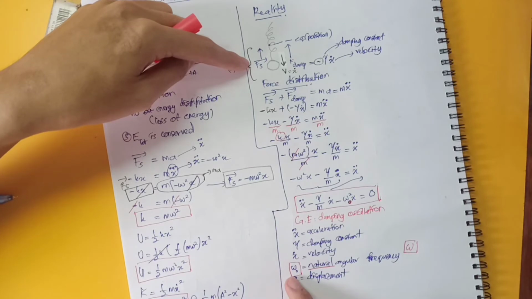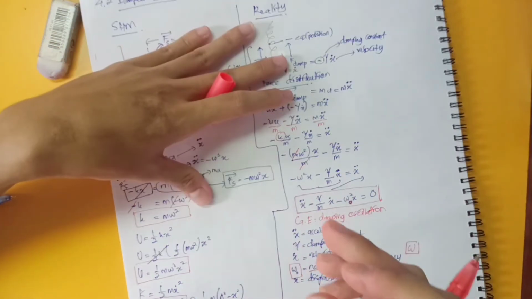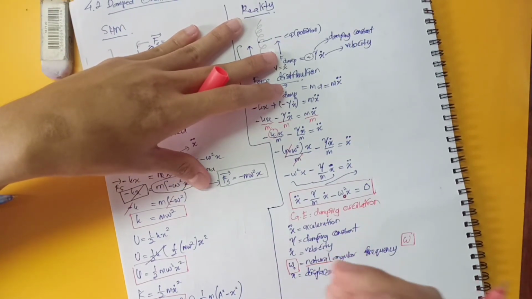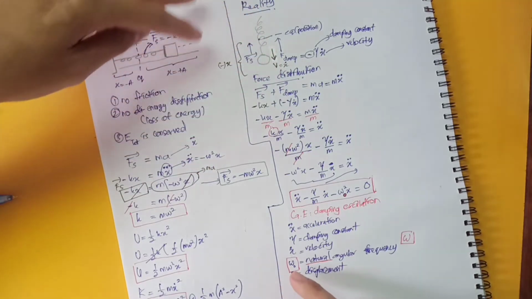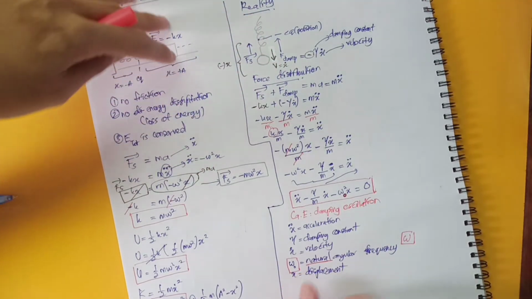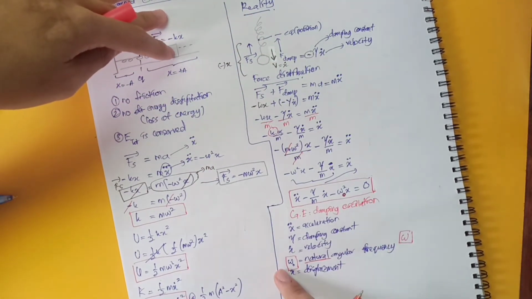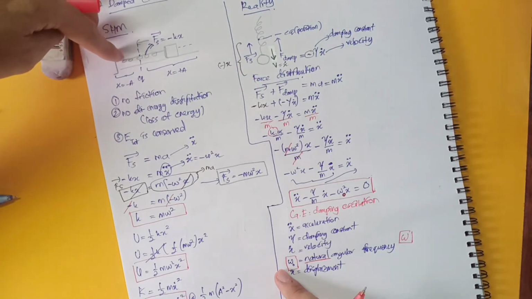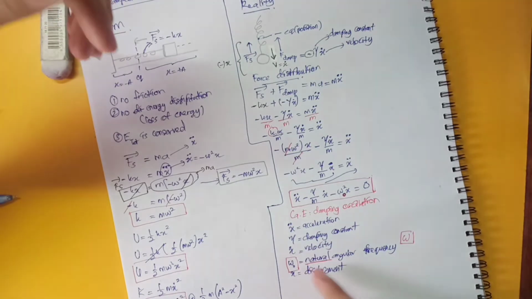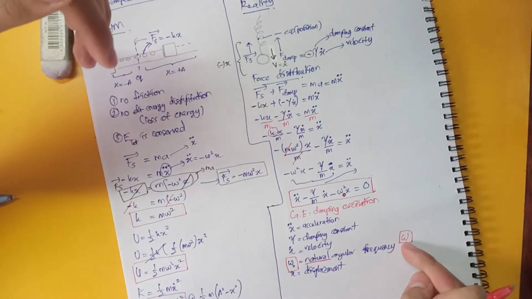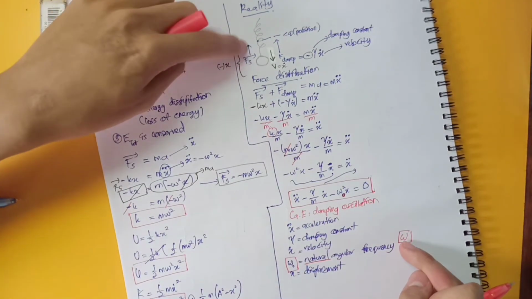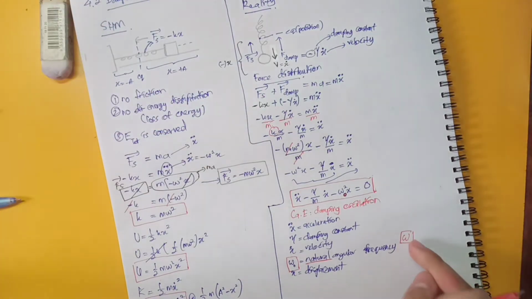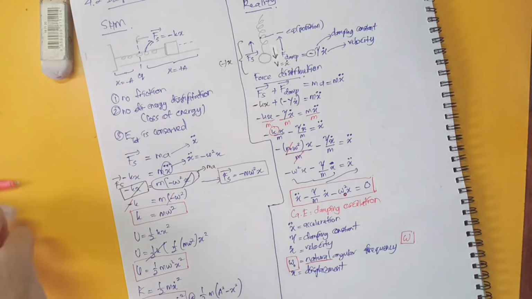This omega naught is useful in the upcoming topic. Omega naught is the angular frequency from simple harmonic motion, but we have the real angular frequency which we use inside the system. We'll find out later. Okay, now let's move on.